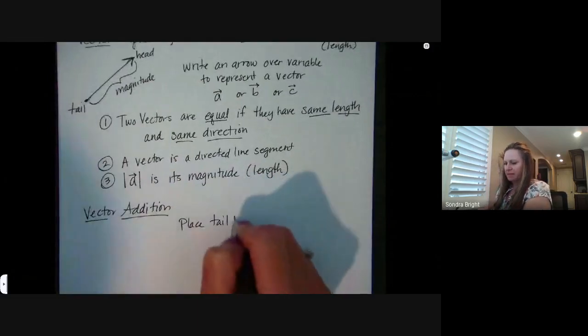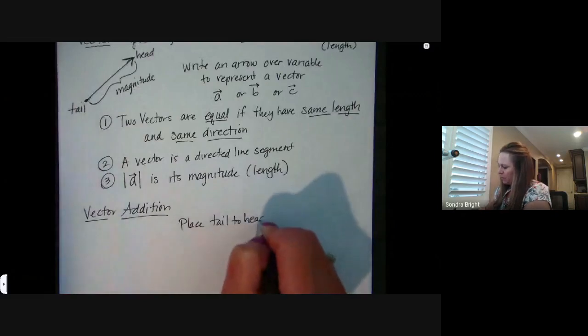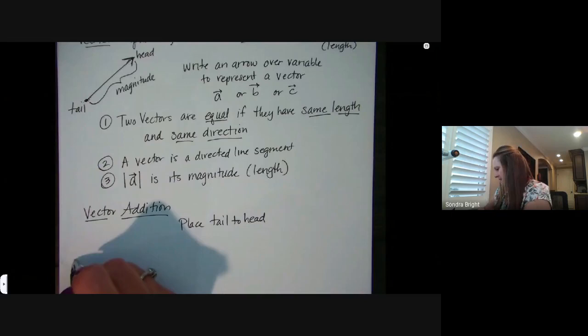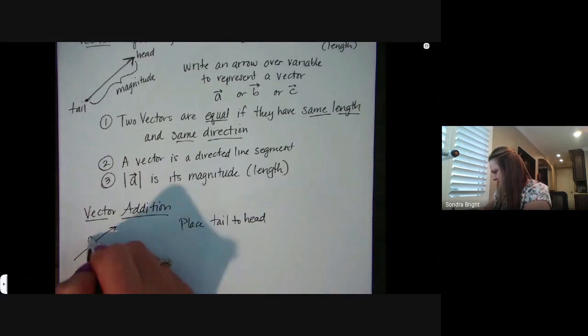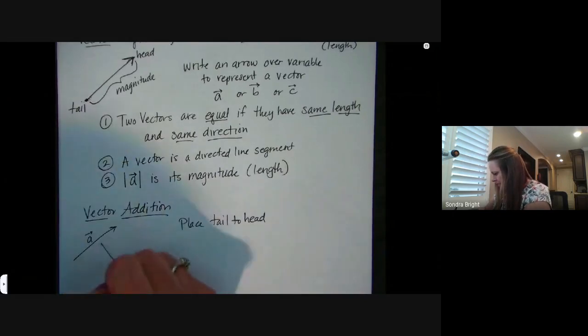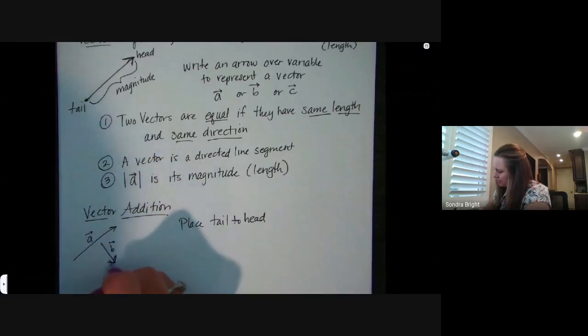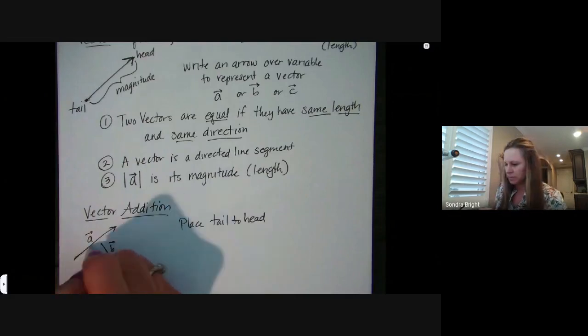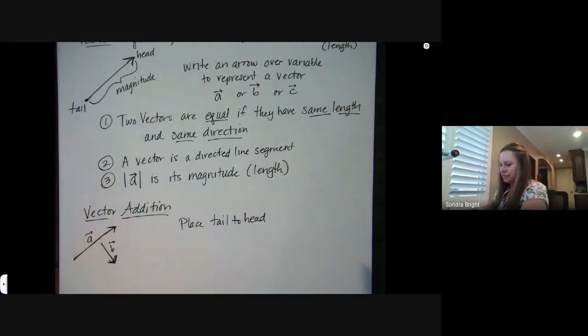And that would be like, let's say, I'll write over here. Let's say that's vector A, and let's say this is vector B. Let's say these are my two vectors, pretending like I actually drew straight lines. Okay, so one way is to place it tail to head.